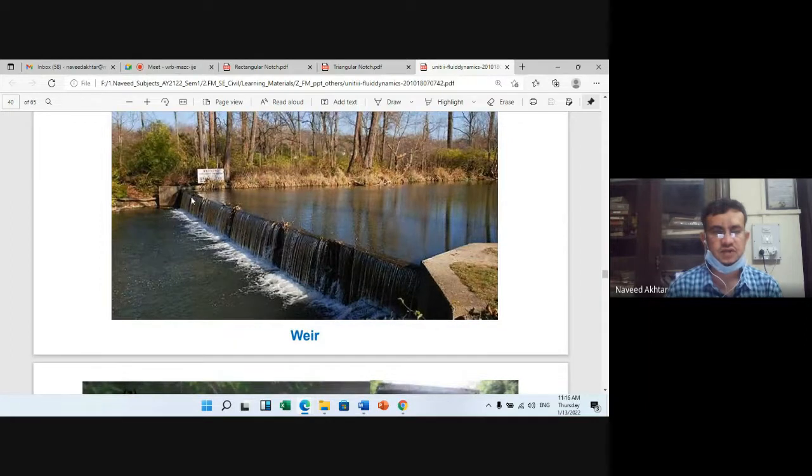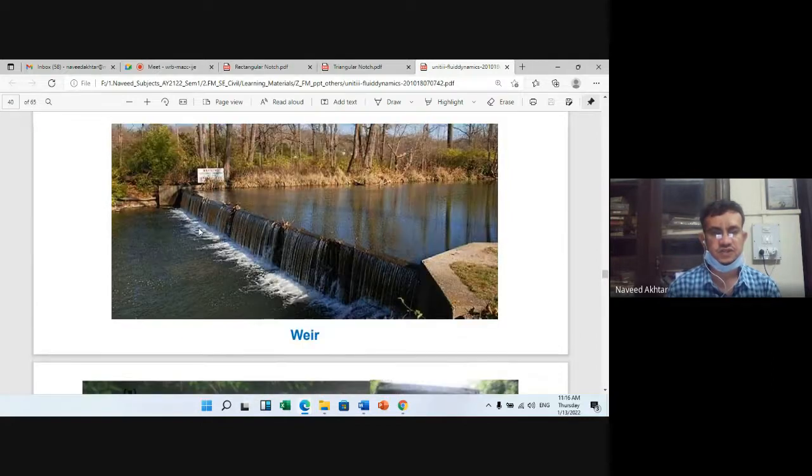Okay, there is no internal partition. Then you can see the upstream side and downstream side. On the upstream side the flow is almost laminar, and on the downstream side, at the start there is turbulent flow, and then it varies.